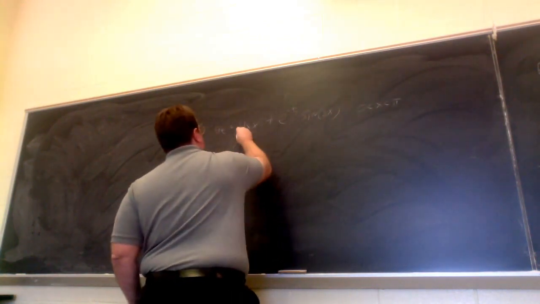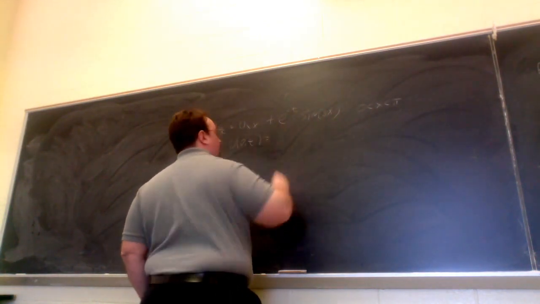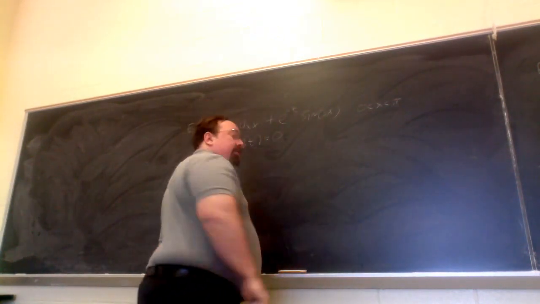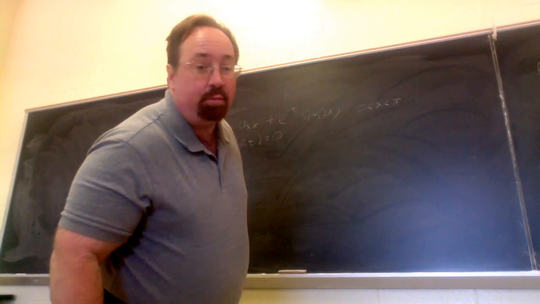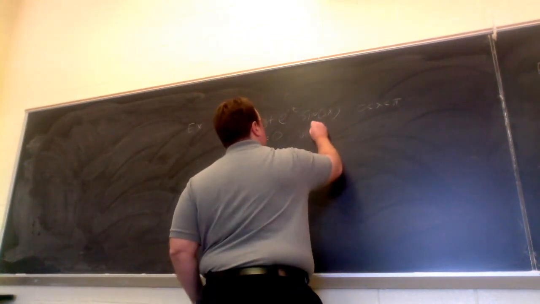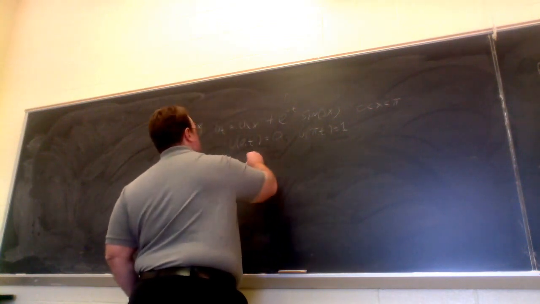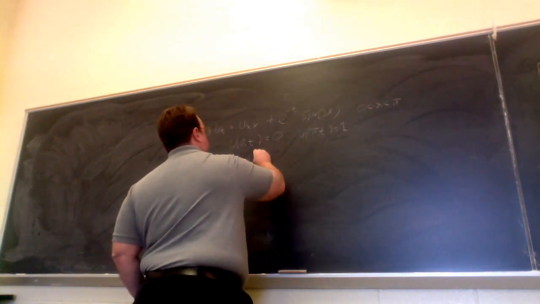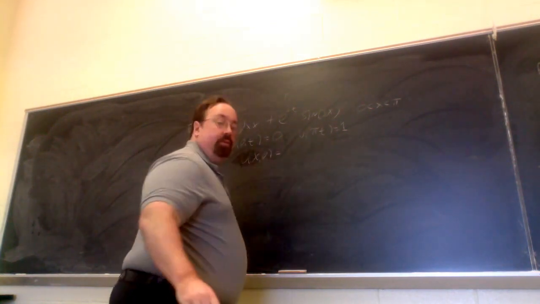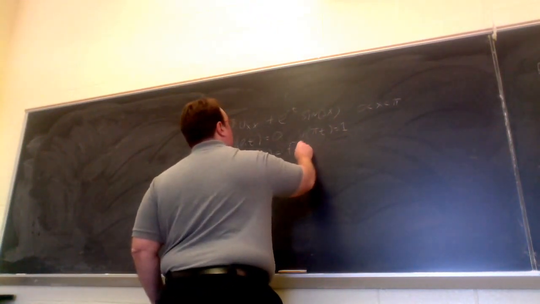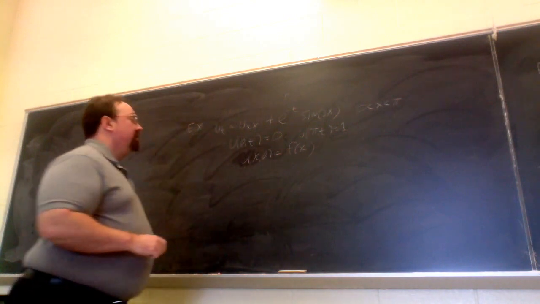So u(0,t) equals 0, so the first boundary condition is homogeneous, and then u(pi,t) is equal to 1. And our initial condition, u(x,0) is equal to, oh, just a general f(x). How boring.